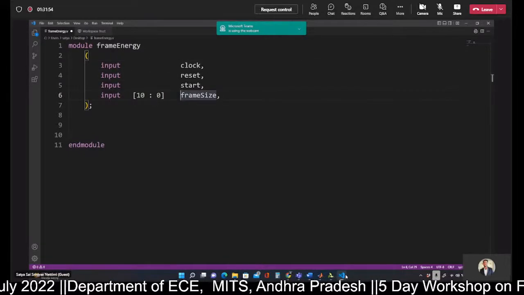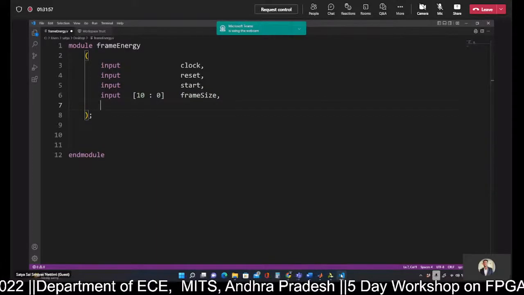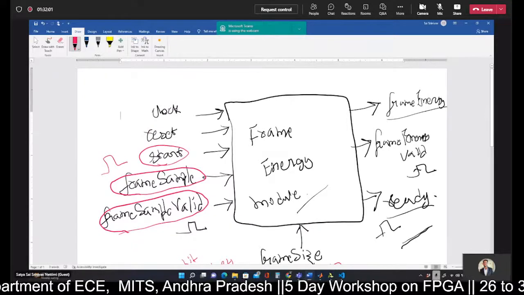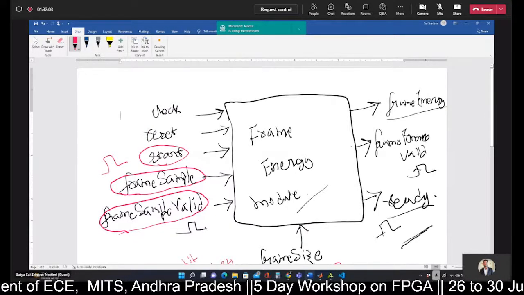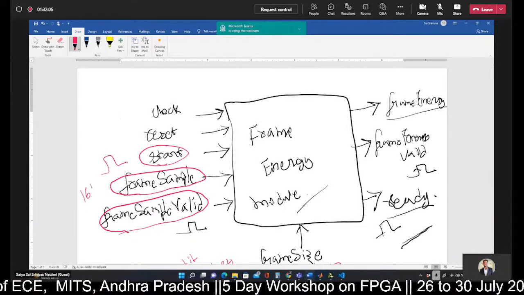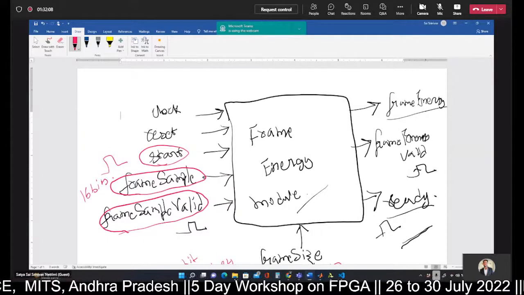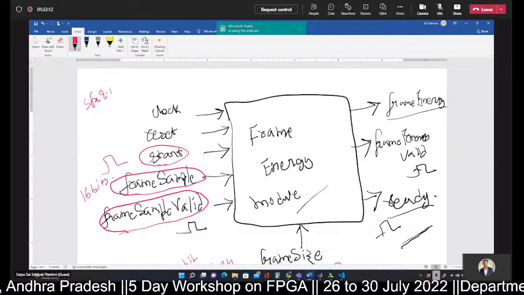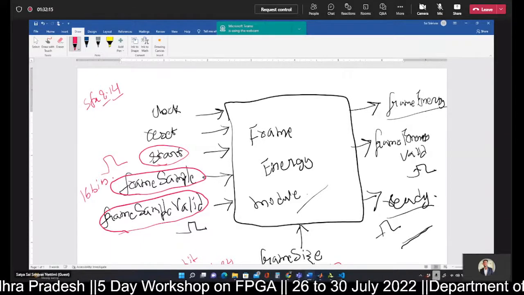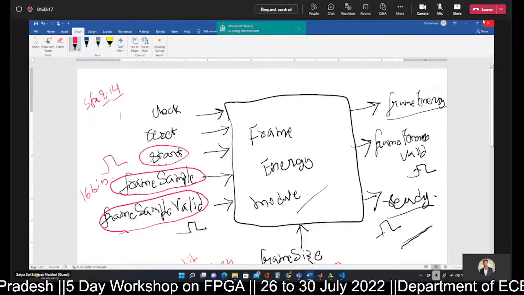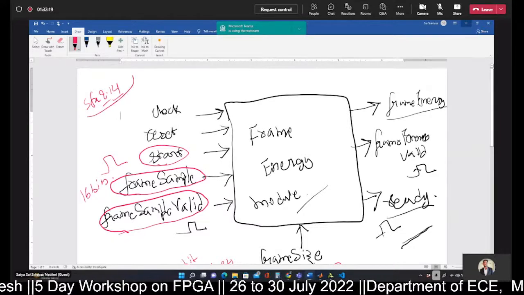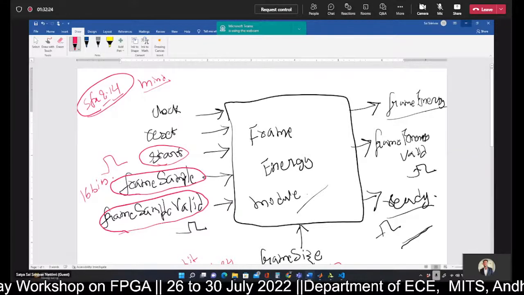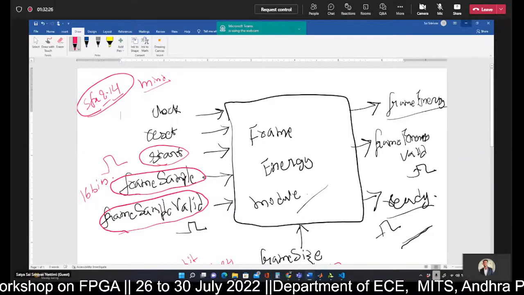Next, from the diagram you can see we have frame sample. As per the notation I told you, it is 16 bits and the format is signed fixed point 2.14: 2 bits for the integer part and 14 bits for the fractional part. This 2.14 should only be in our mind. In hardware we cannot place any decimal point.